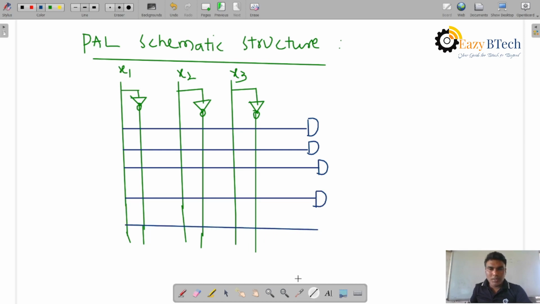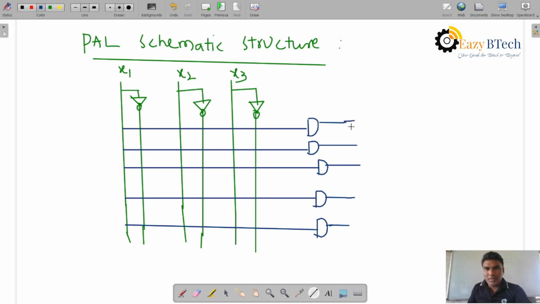Let me take another gate also. So it is a schematic representation. Depending on the product terms which can be used for the OR gate, the output is connected to the OR gates, right?